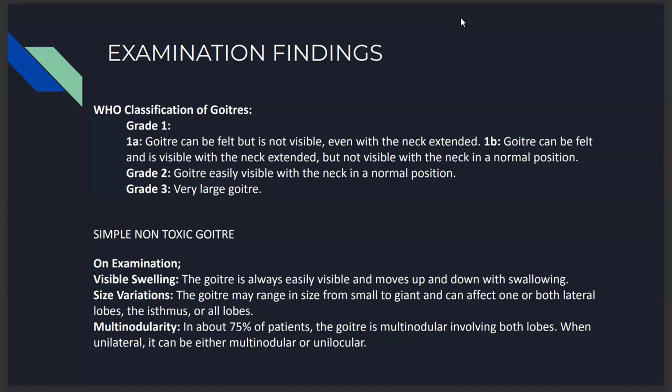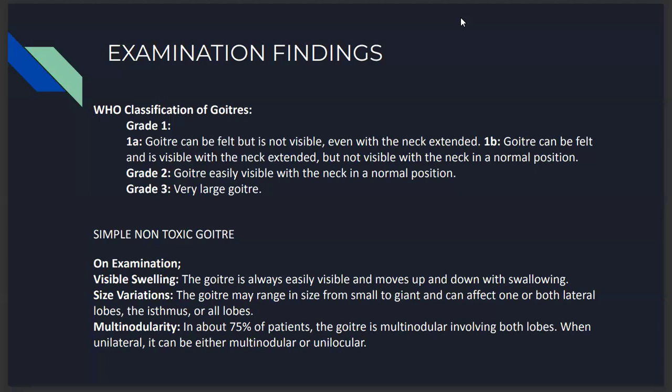That's 1A. 1B, goiter can be felt and is visible with the neck extended, but not visible with the neck in a normal position. Grade 2, goiter easily visible with the neck in a normal position. Grade 3, very large goiter.